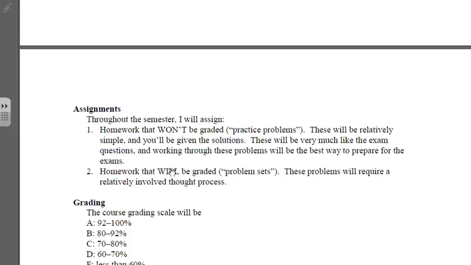So the ones that you're going to turn in are designed to require a more involved thought process. They might require you to work on it, get up to a point, get stuck on it, think about what went wrong, look back at it, think about another method you could apply, that kind of thing. That's sort of my goal in giving you those problems.